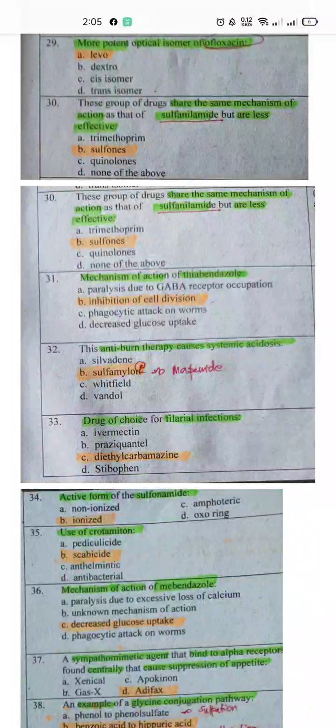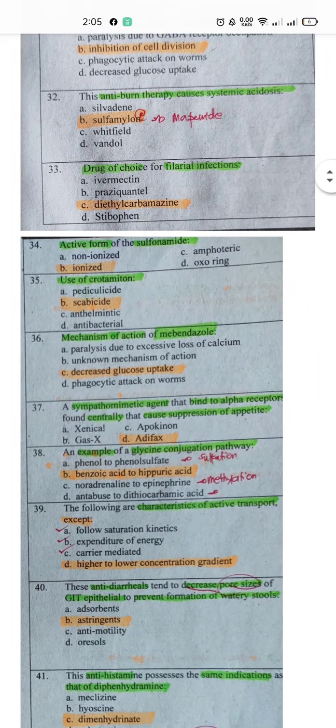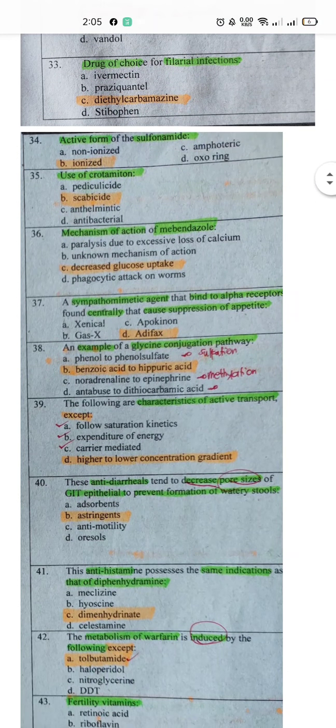Number 37, a sympathomimetic agent that binds to alpha receptors found centrally that causes suppression of appetite is Adifax. Adifax is a sympathomimetic agent that binds to alpha receptors found centrally that cause suppression of appetite.